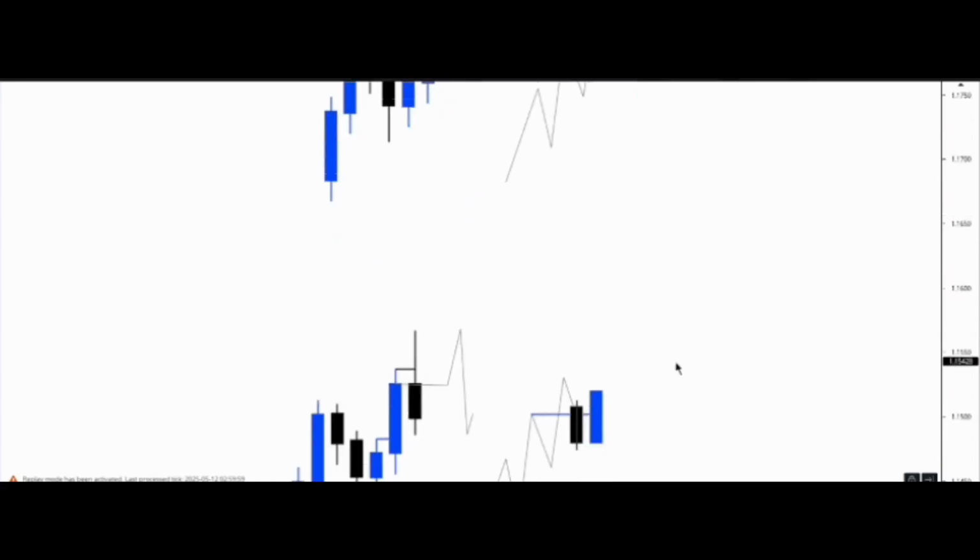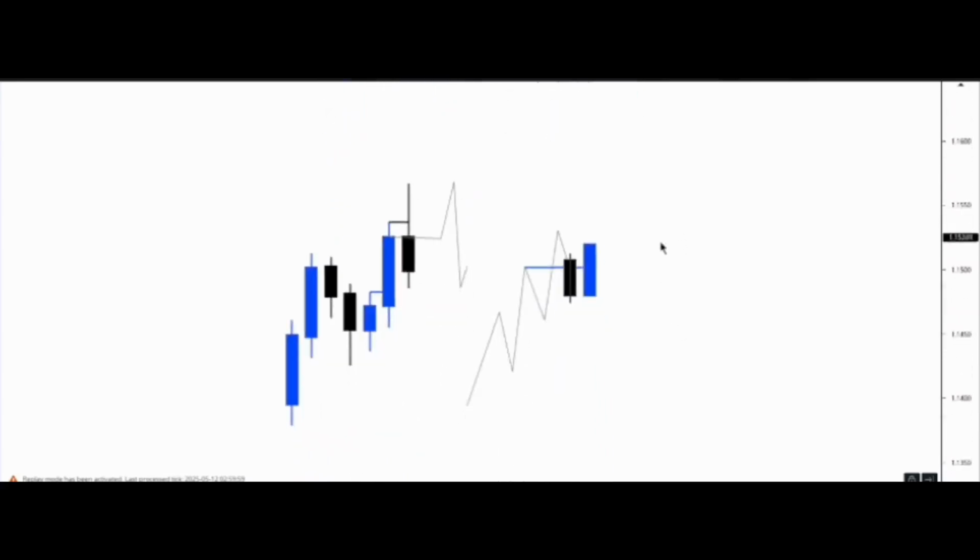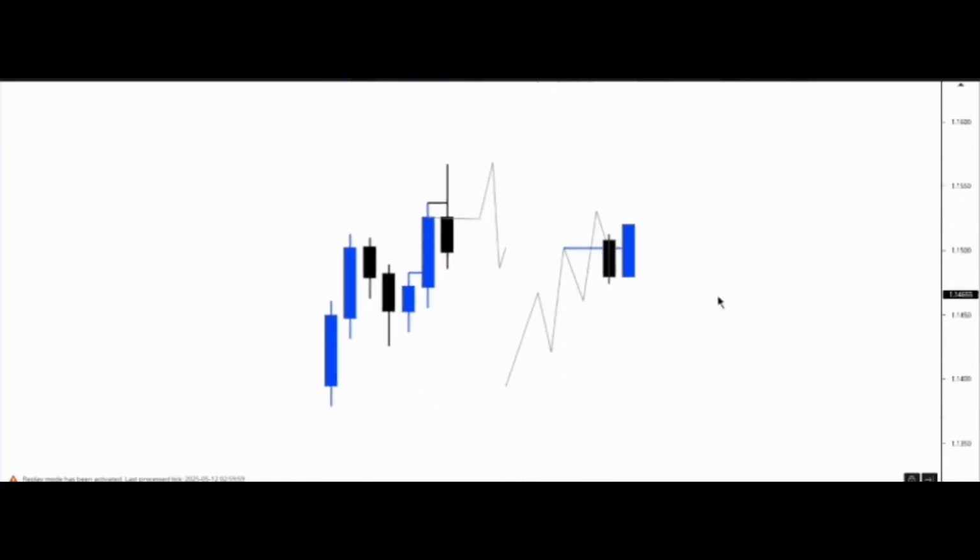So I want to give you the two sides of the coin so you can understand how to approach the market if you find any of these two scenarios playing out on your chart. So I'm going to show you how to approach this one when we get to the live chart so you can understand better. So we can now go to the live chart and let me show you some of these examples.